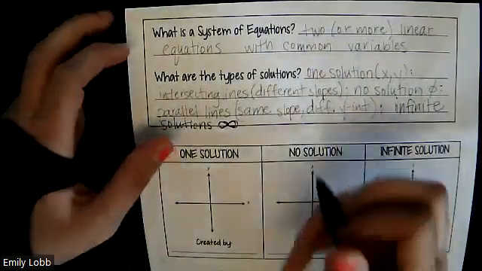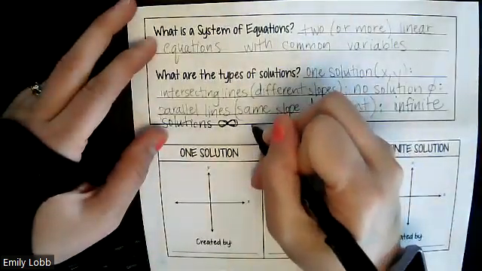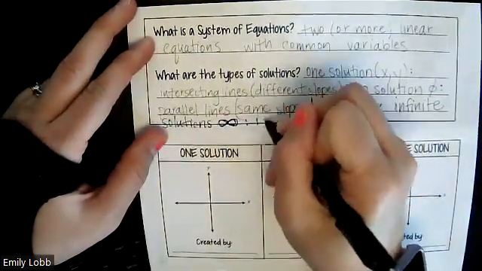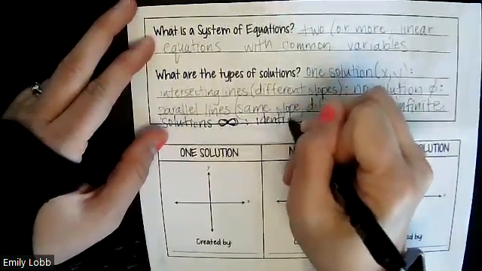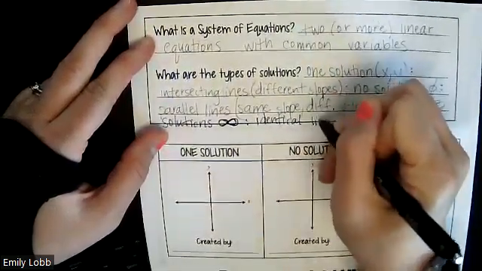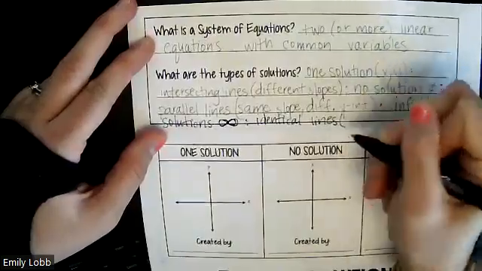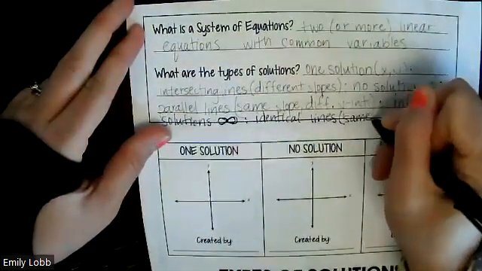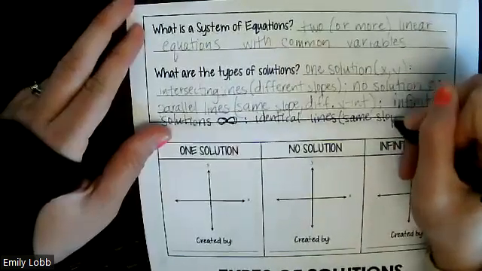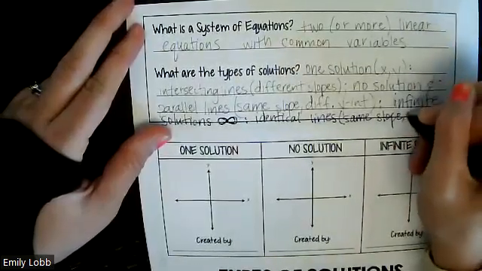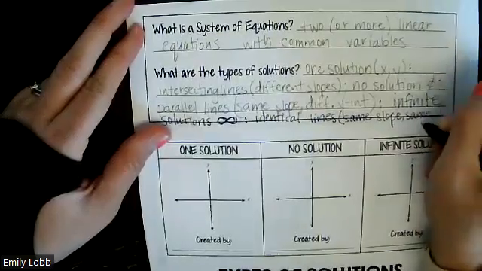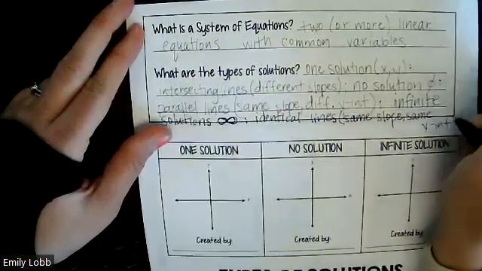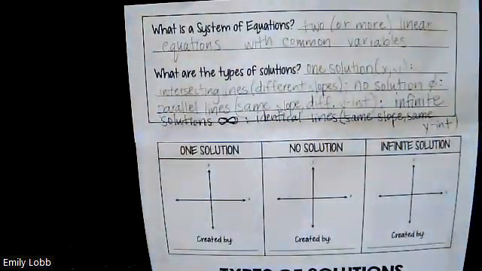Infinite solutions, remember, are identical lines. So when we looked at this, I think it was in 6-4, we had the same slope and the same y-intercept. But I guess that's kind of obvious if they're the same line, right?